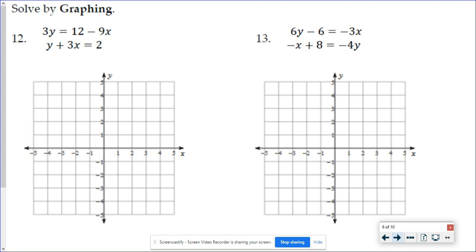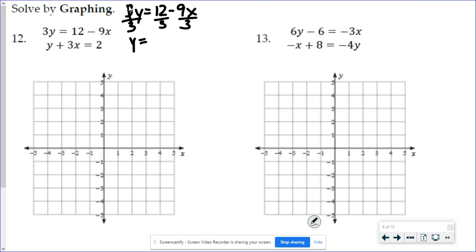In 12 and 13, graphing these lines, I need slope-intercept form. So for number 12, that first equation, I need to get the y all by itself. So let me rewrite this up here so I've got a little bit of space to work. We're going to divide, divide, divide.